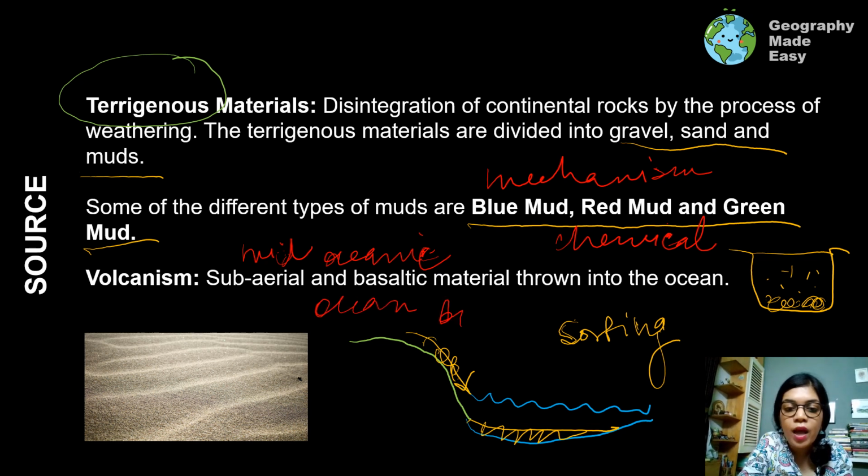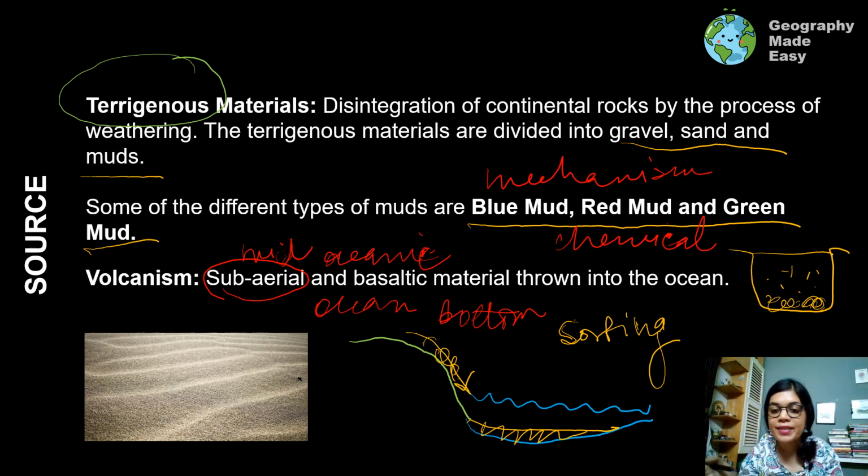So we have the basaltic material which can be formed at the mid-oceanic ridges, as well as subaerial. That means from the volcanic material which gets thrown into the ocean if there is a volcanic eruption.